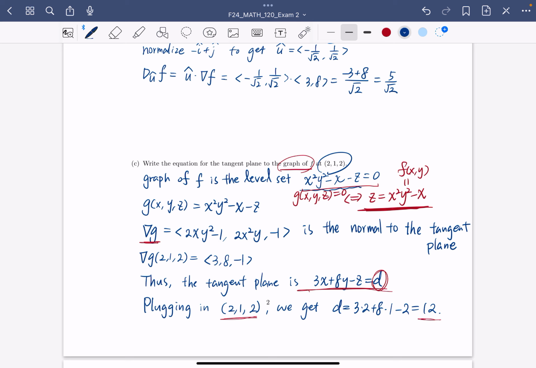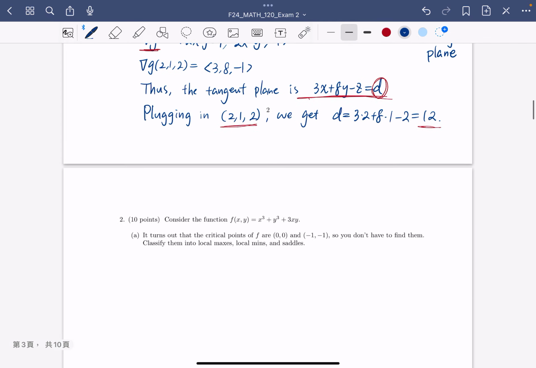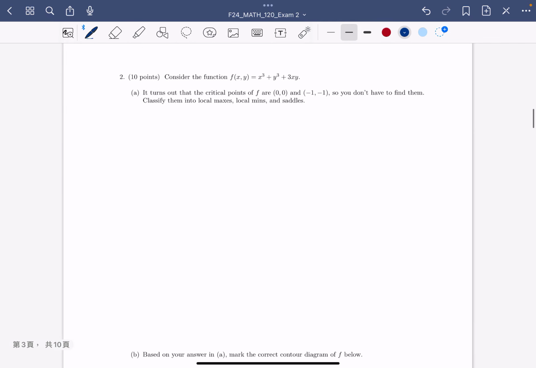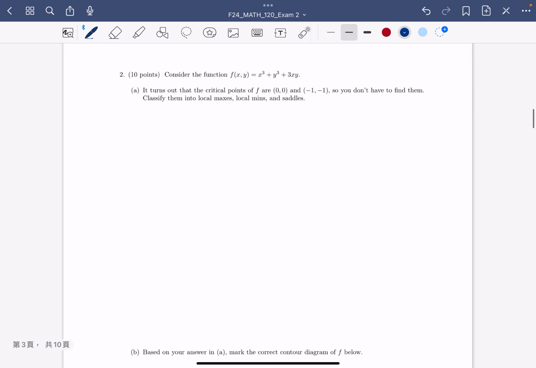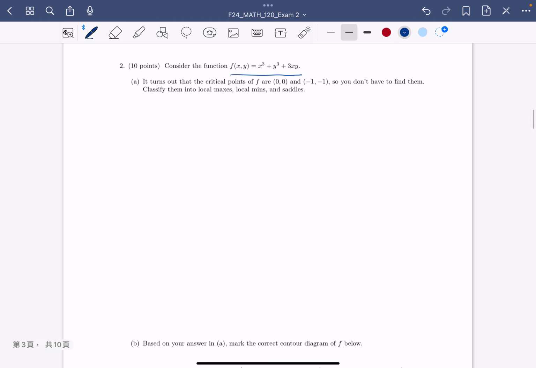Okay, let's see how about the second question. So you have a function of 2 variables, and in part A, they have already told you the critical points are at these 2 points, so you don't have to find them.